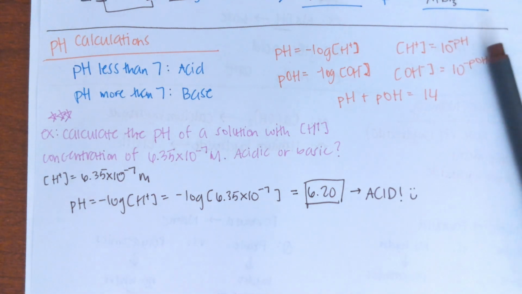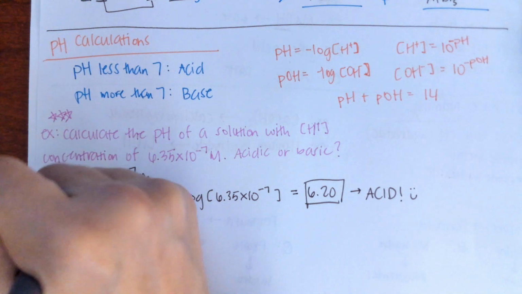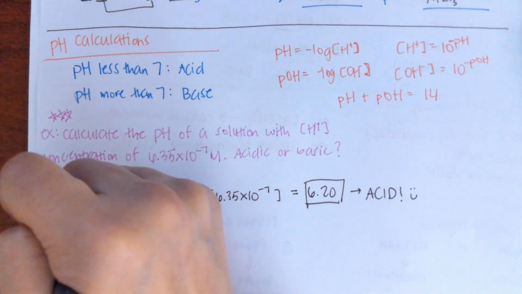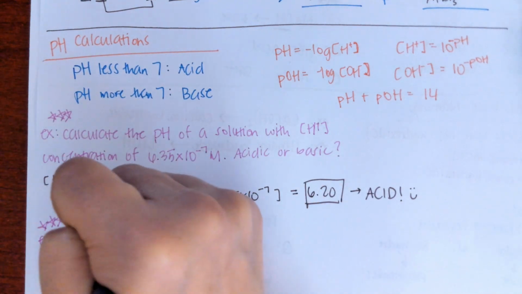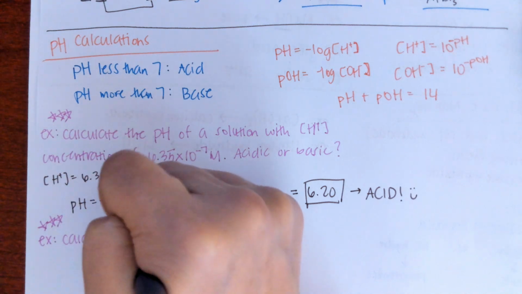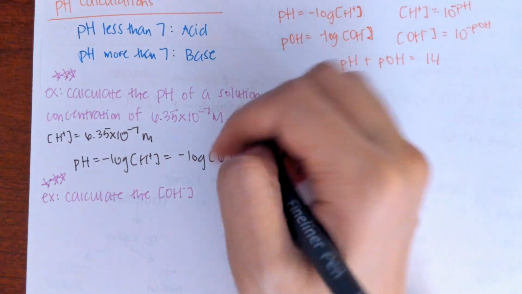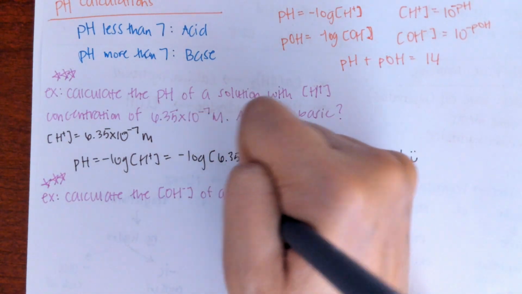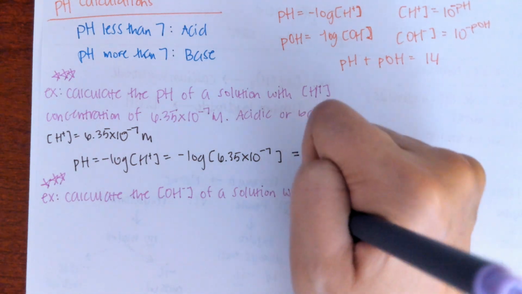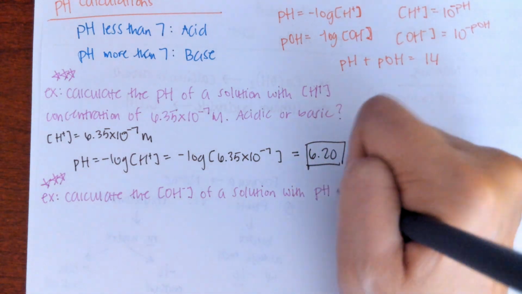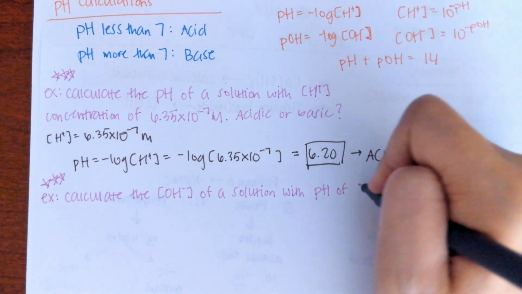All right. Next example. Calculate the OH concentration of a solution with pH of 8.5.